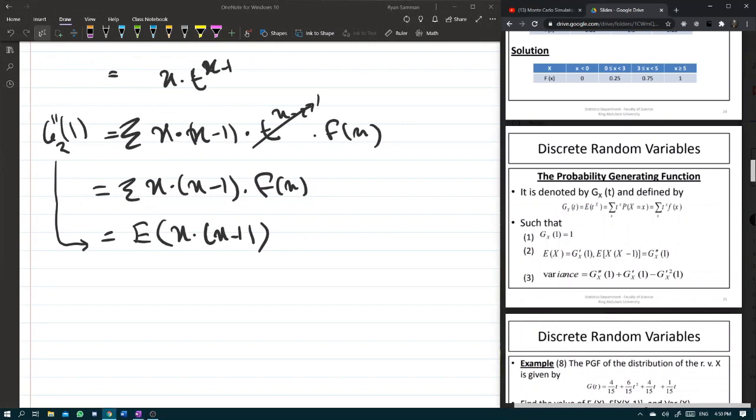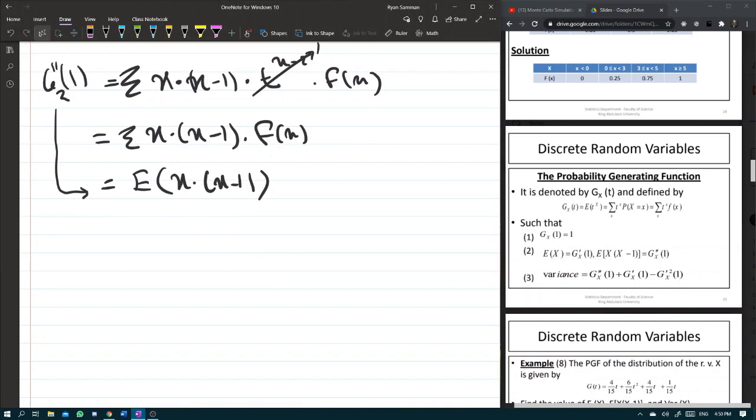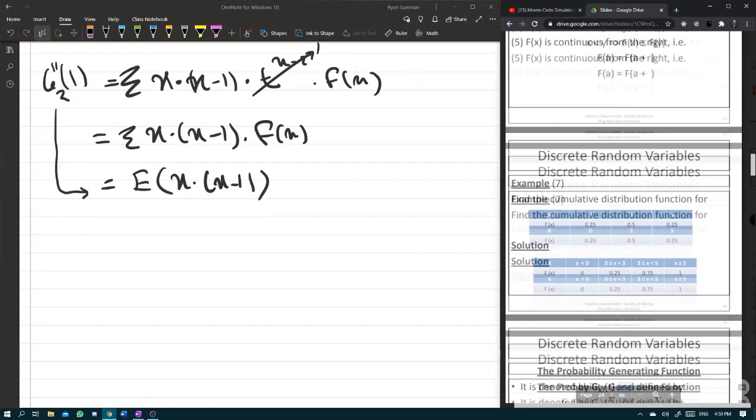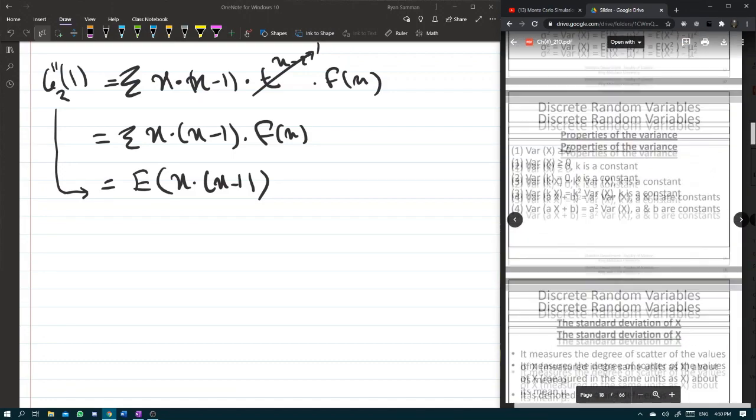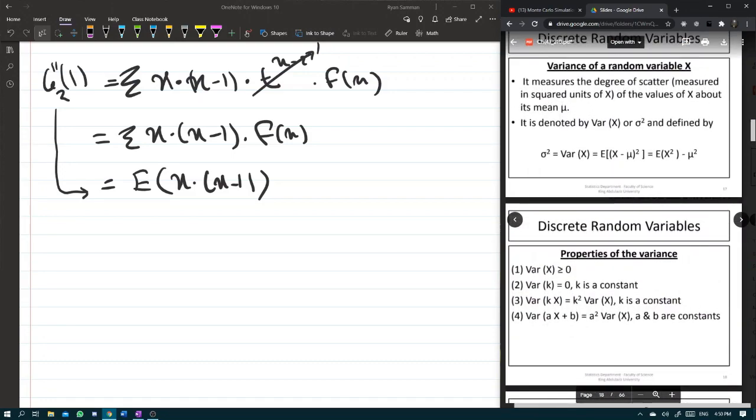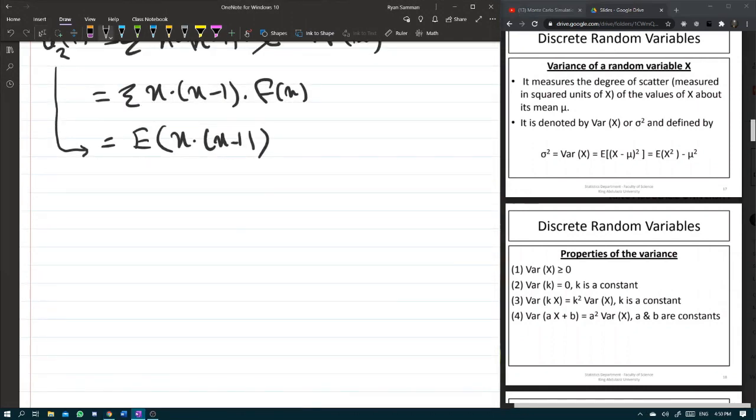Now you could see that for the variance, they give you some weird formula, but let's break it down. Let's look at this formula first. So the variance of x is equal to the expected value of the average squared distance between x and the mean, so E of x minus mean, squared.